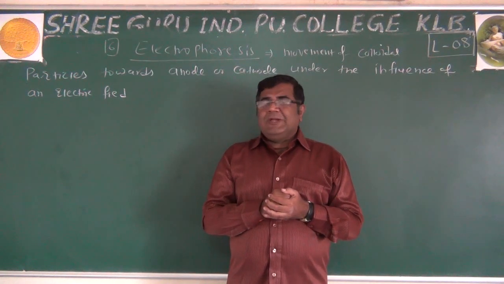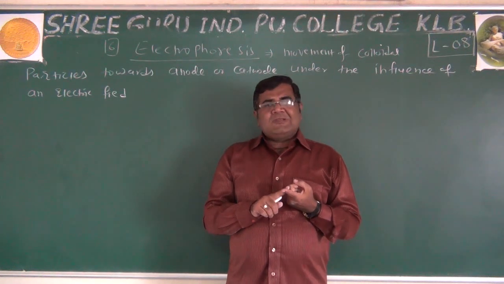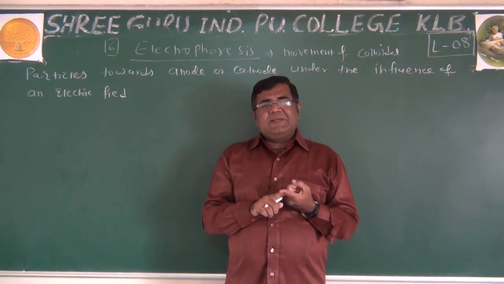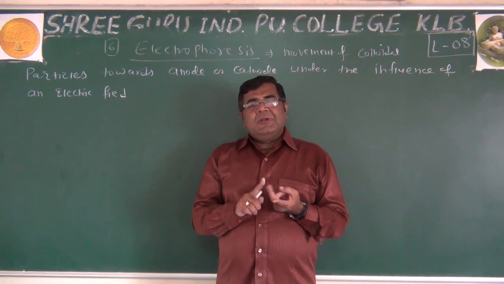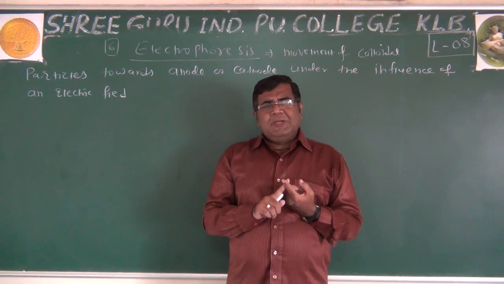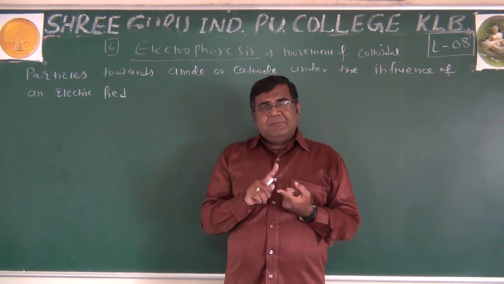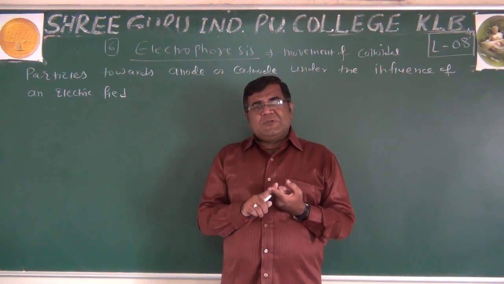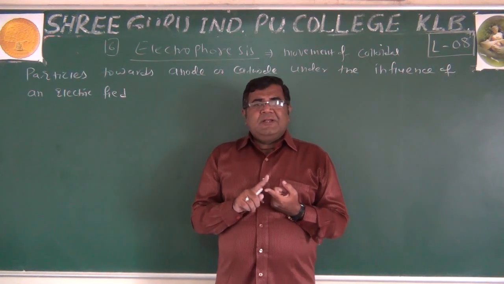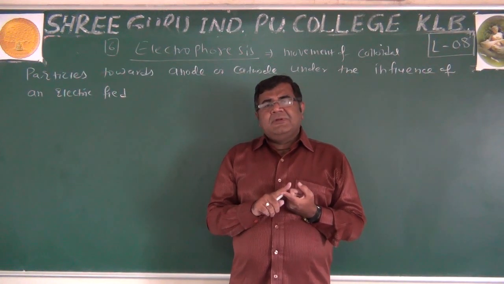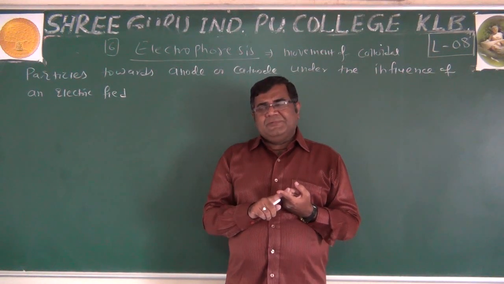In positively charged colloid we have listed hydrated metal oxide, metal hydroxide, metal oxides like titanium oxide, some basic dyes like methylene blue, and hemoglobin from the blood. In the negatively charged colloid we listed metal salts, metal sulfide salts, acidic dyes like Congo red and eosin, and gelatin, gum, proteins, starch, and the clay, right?